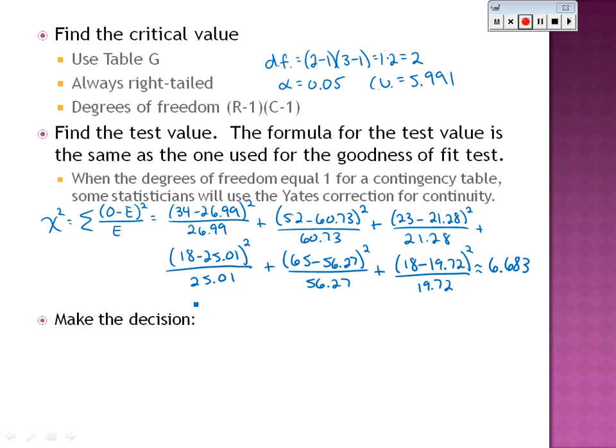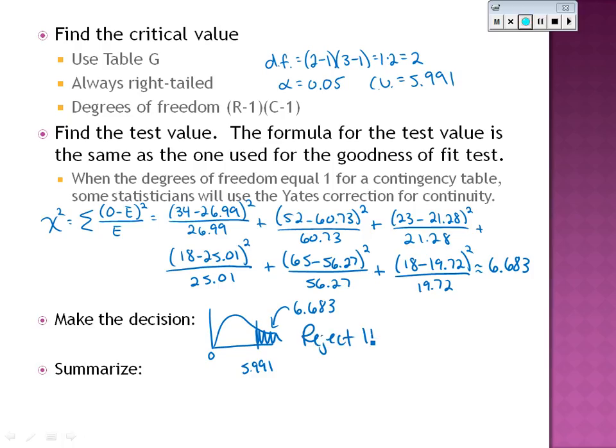So let's go ahead and make our decision. Always right-tailed. Critical value is at 5.991. So test value is going to be somewhere in that shaded region, so we're going to reject. And our claim was that the consumption of supplements is independent from our jogging status.